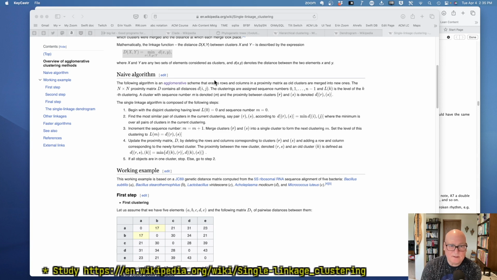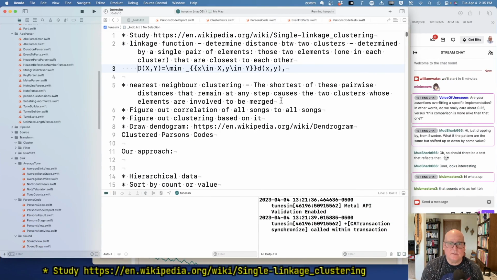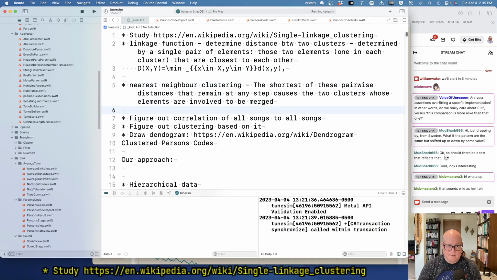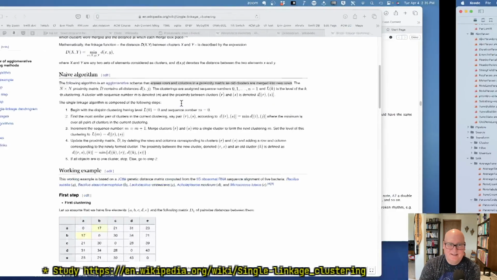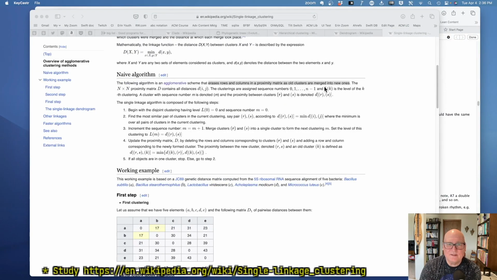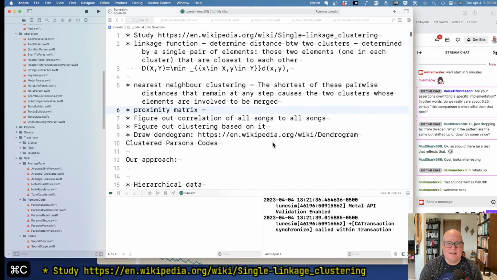That's kind of an interesting word. Okay. So we need a proximity matrix. Yeah, welcome back. And it's going to do this.